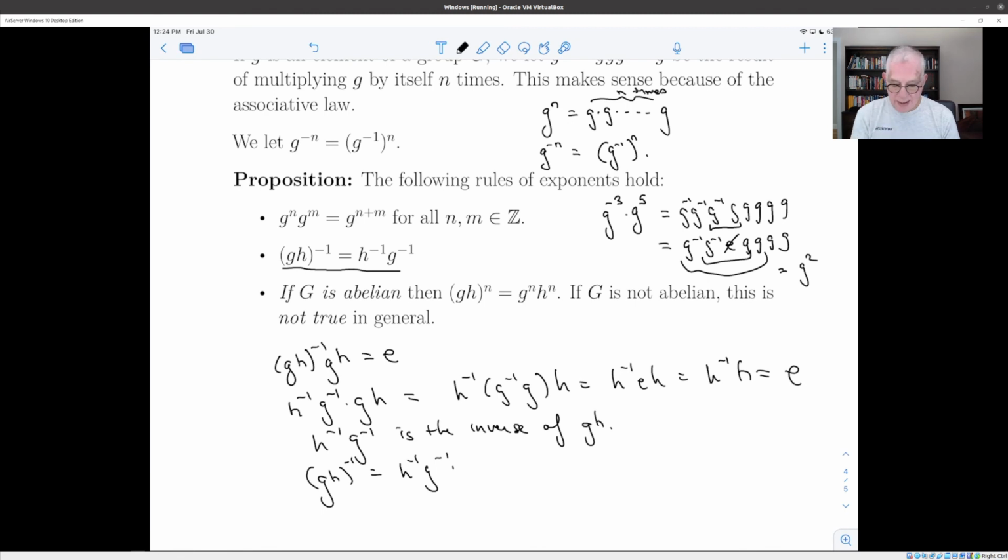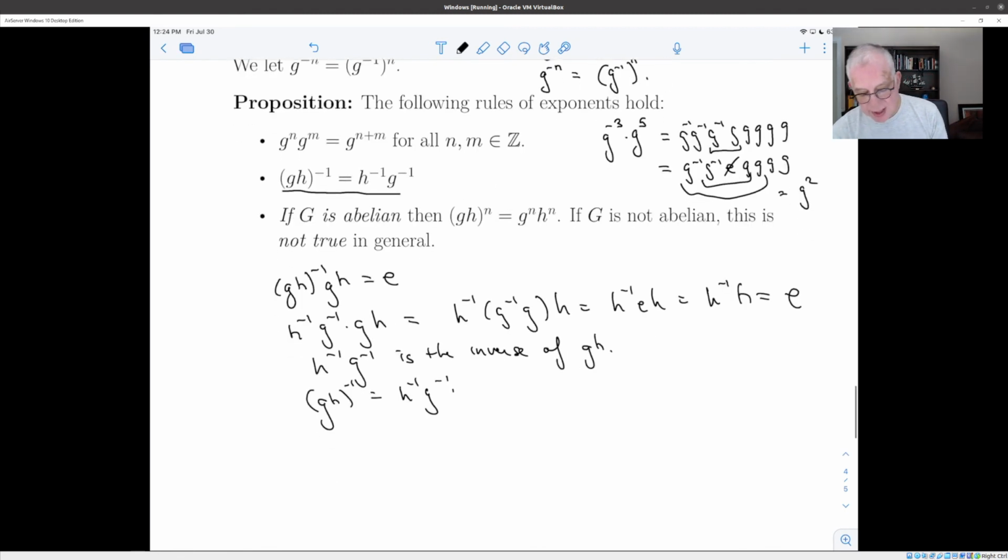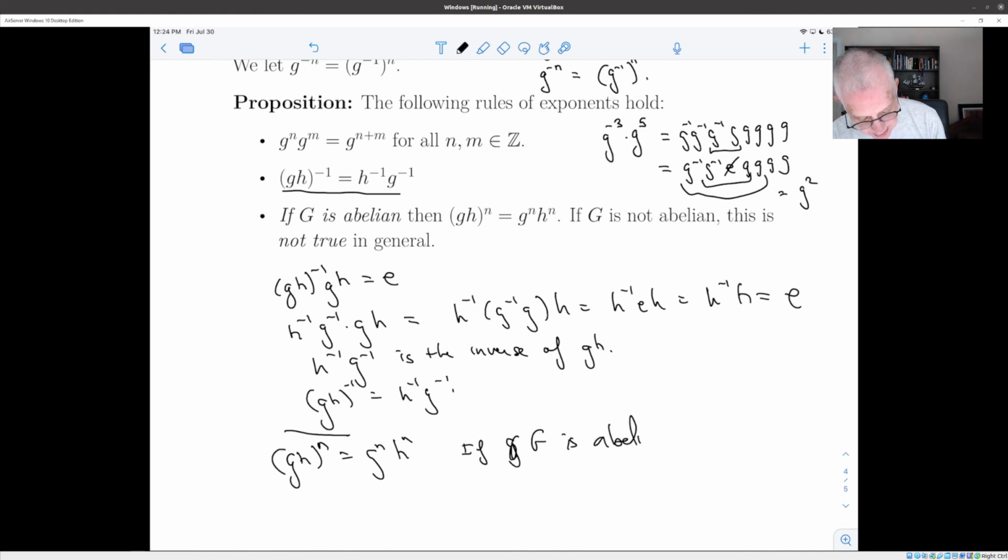The last comment is that if you're in an abelian group and you take GH to the n, then that's G to the n, H to the n, but only if the group is abelian. If it is abelian, then strictly speaking, what is GH to the n?